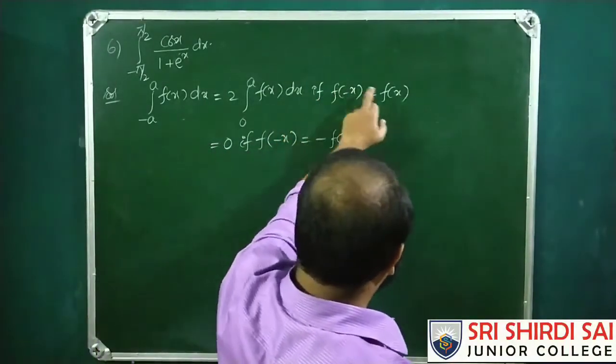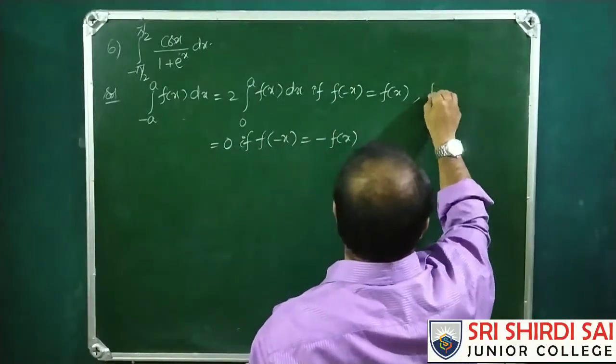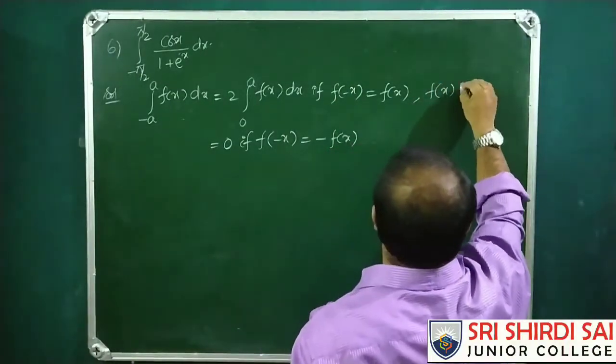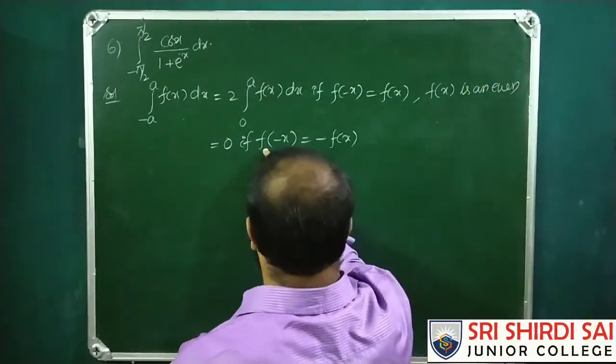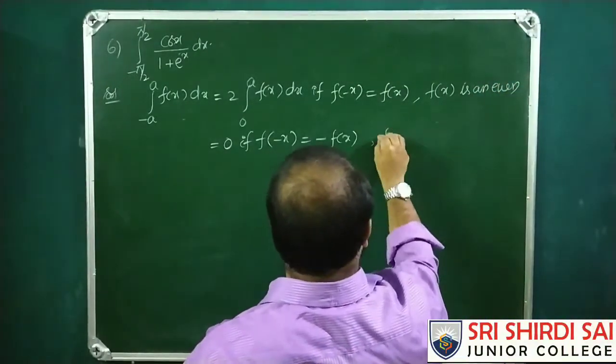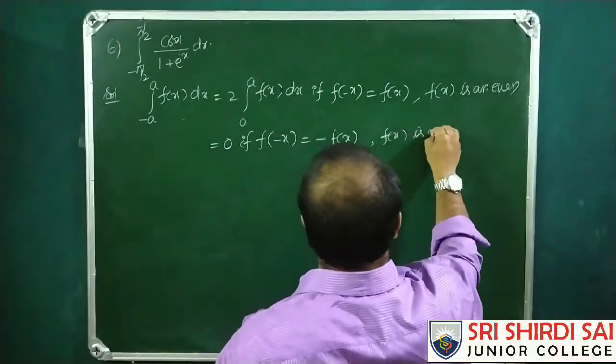F of minus x equals f of x means f of x is an even function, and if f of minus x equals minus f of x, it is an odd function.